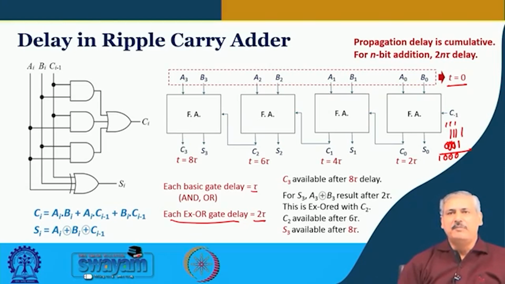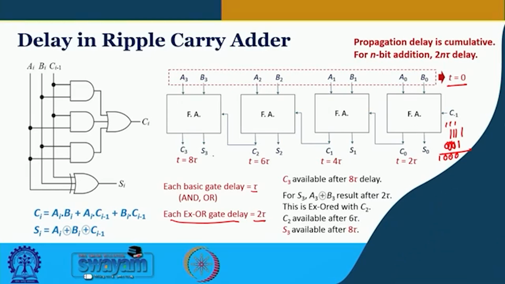So, we look at the maximum delay path, the critical path. That is when the number is placed and we have to wait for the carry to arrive at the endmost adder. Okay. So, that is the time that we will consider. So, t is equal to 0 and we have noted that the carry is generated by A B plus B C in plus A C in. So, that is one bank of AND gates and there is an OR gate.